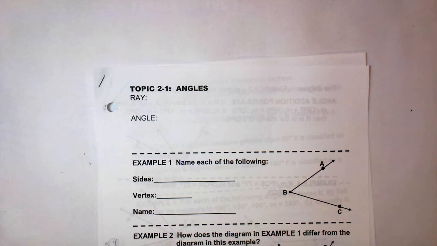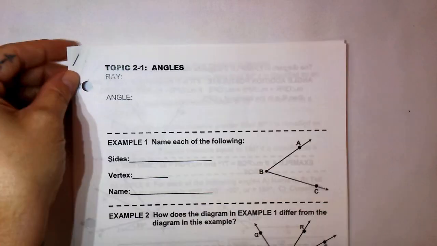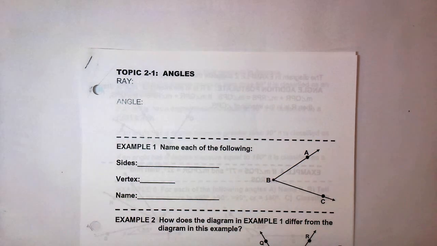We are on chapter 2 now, angles. Really quick, I'm going to talk just a little bit about the angles. Chapter 1 was all about points, lines, and planes, right? Chapter 2 is going to continue that. We're going to take the lines and make shapes with those lines.